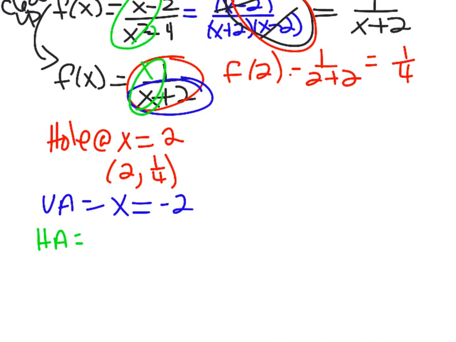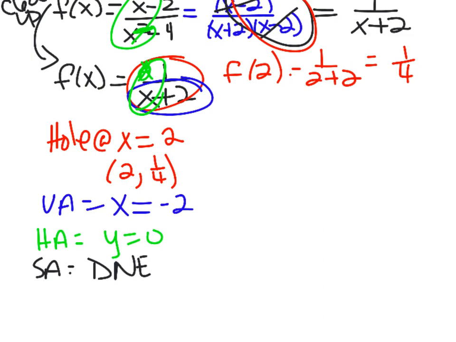There's no x in the numerator, so that means my denominator is growing faster than my numerator. So remember, when the degree in the denominator is greater than the degree in the numerator, that is y is equal to 0. Slant asymptote, that does not exist. So if there's a horizontal, there is no slant. You can only have a slant if there's no horizontal.